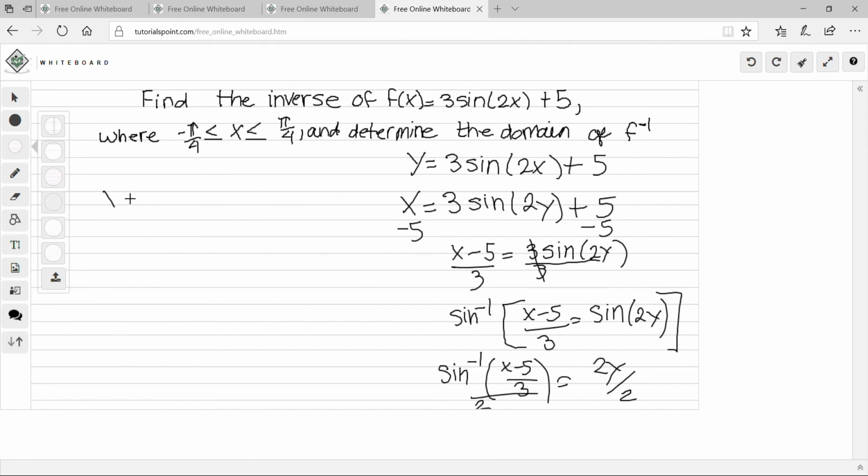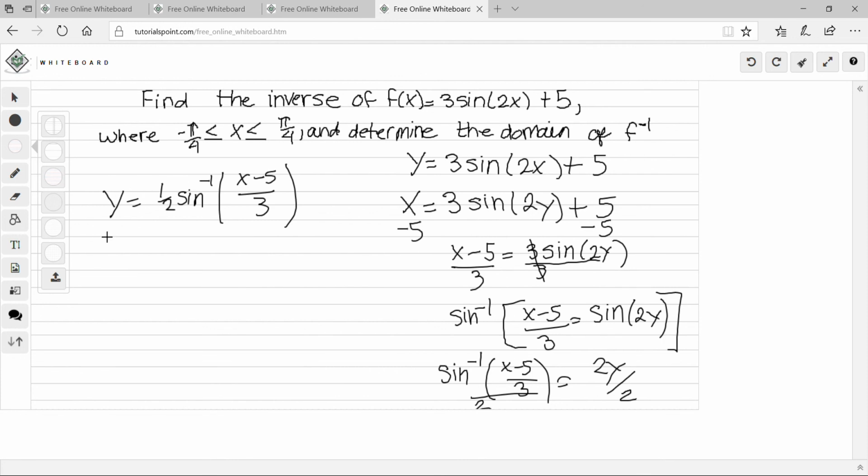And then if you do all the work, your new equation should be y equals 1/2 sine inverse of x minus 5 over 3.